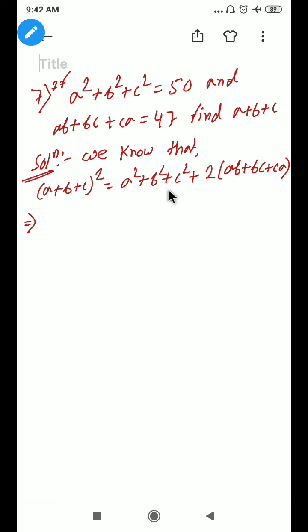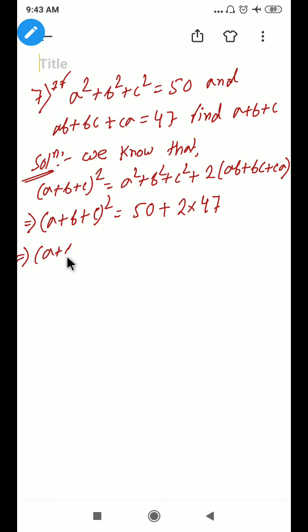A square plus B square plus C square is given, and AB plus BC plus CA is given. You have to find out A plus B plus C. So keep it the same here, and A square plus B square plus C square value is given, 50. So just put 50 here, and 2 into this one, which is given, 47.